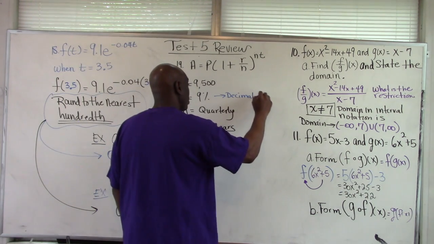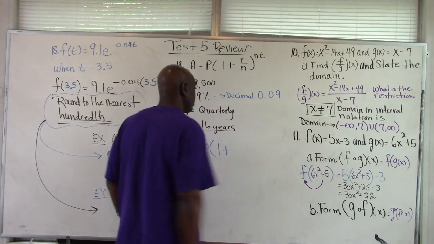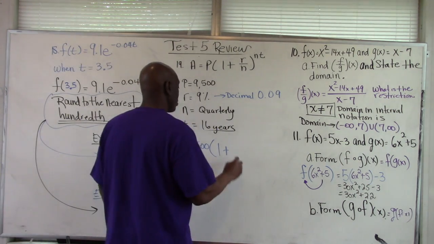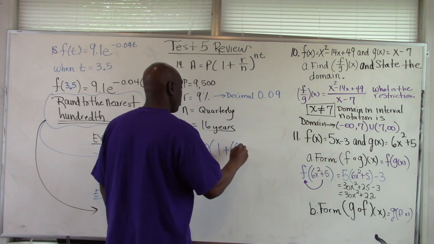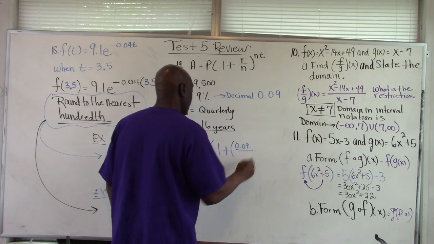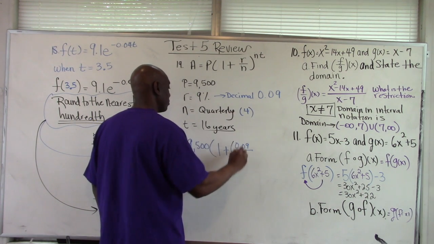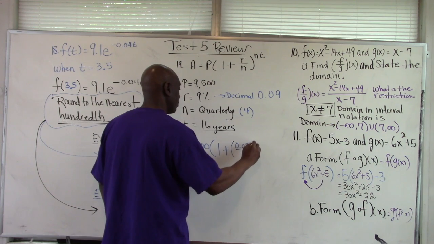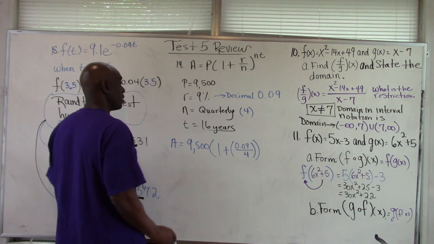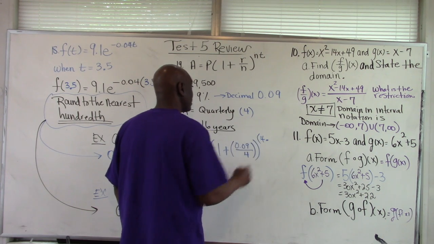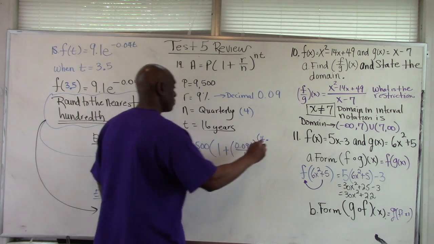Which is going to be 0.09. That's a must. Okay? So we're going to have 0.09 divided by quarterly. This means N equals 4. To the power of N, which is 4, times time is 16.